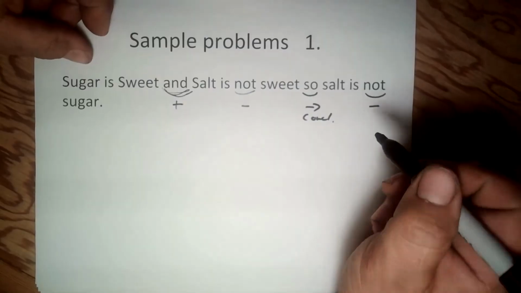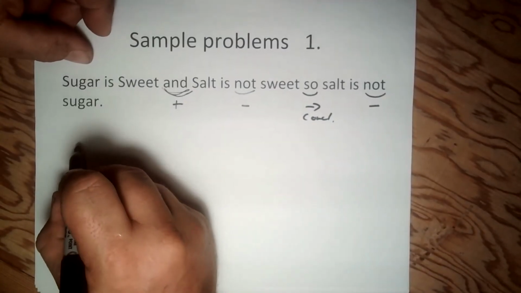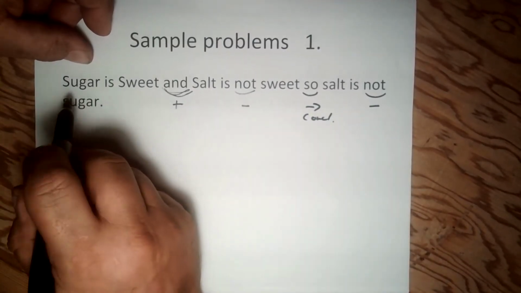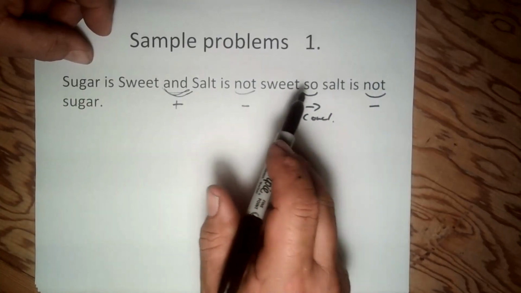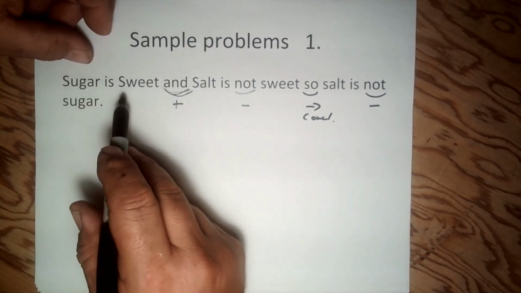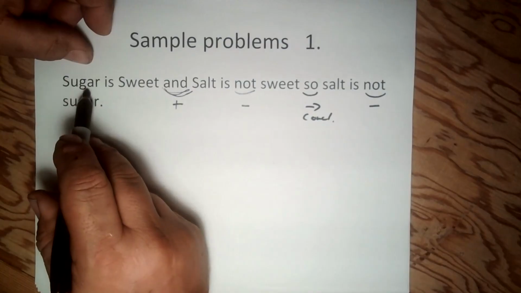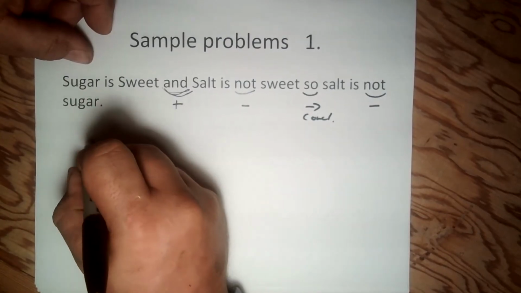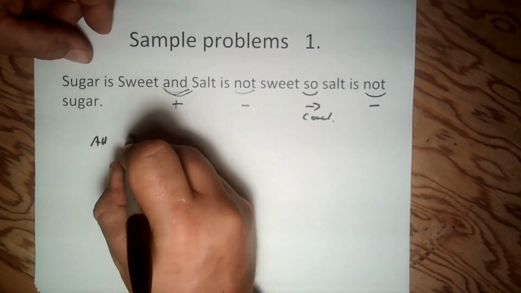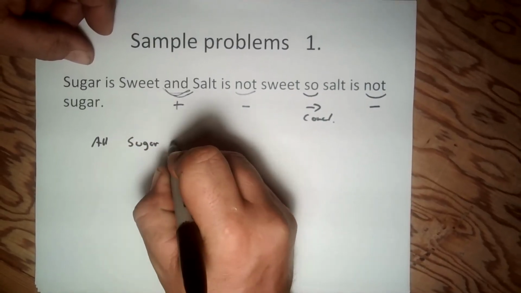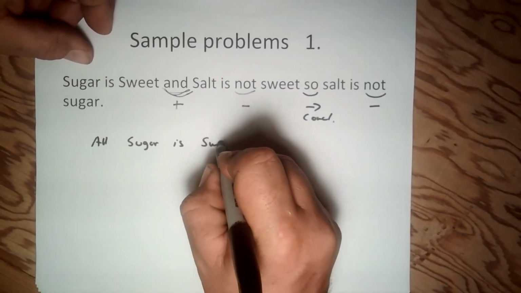Right? So then we're ready to start writing out our statement. The other thing we can see is that there's no indication of number here at all. So when we talk about sugar, generally, we're talking about all sugar. So we have all sugar is sweet.